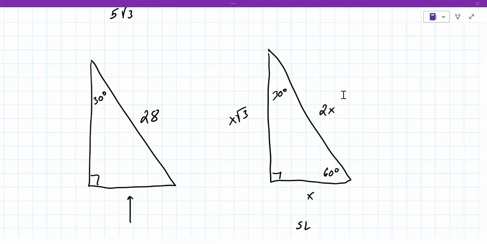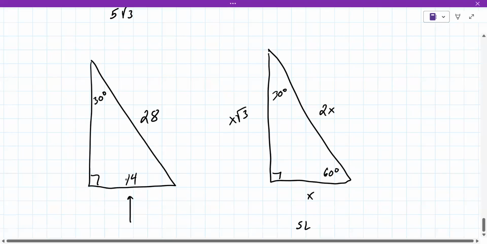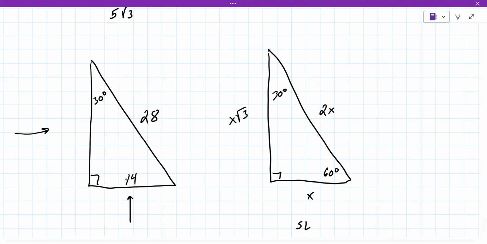It's the short leg. How do you go from the hypotenuse on the right down here to the bottom? 14. Yes. And what does the long leg become? 14 square root of 3.